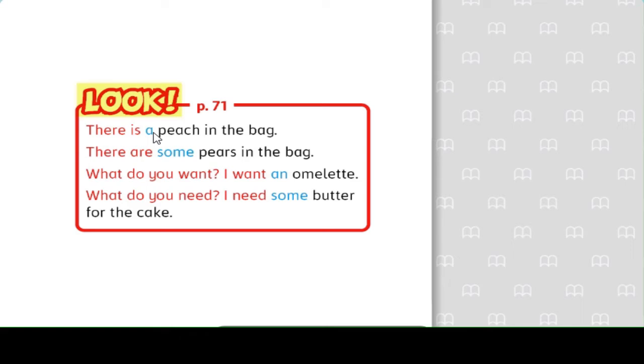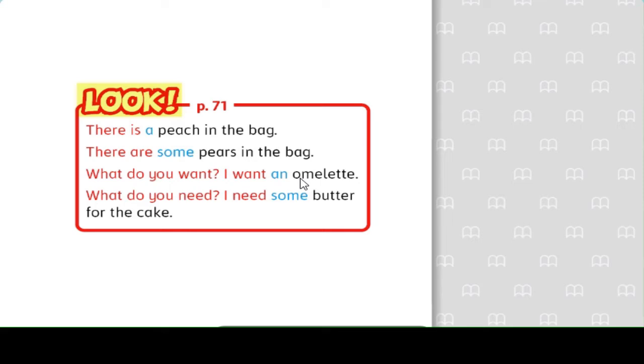As we said, we use an in front of a noun that starts with what? Perfect, that starts with vowels. Okay, let's pronounce this word: omelette.